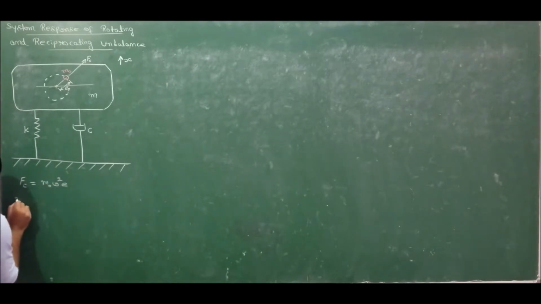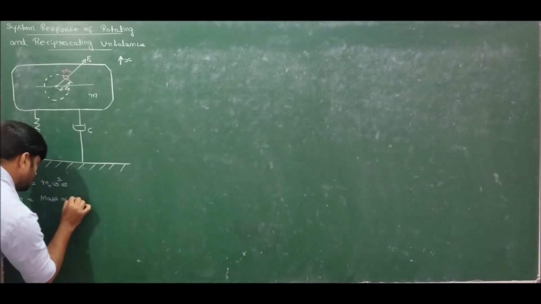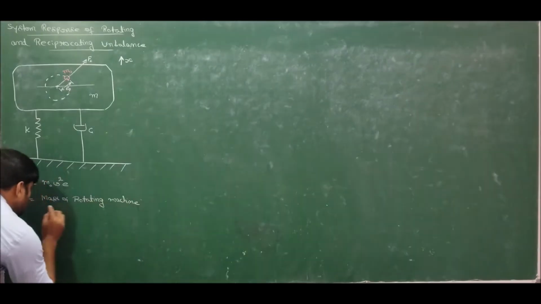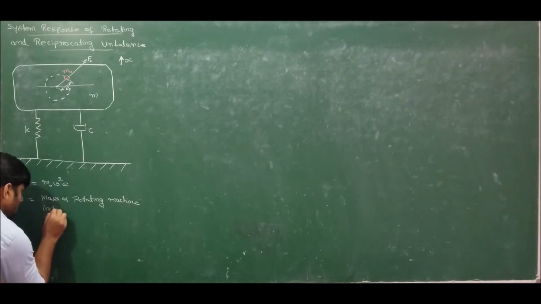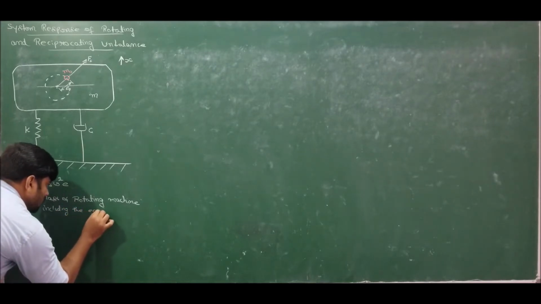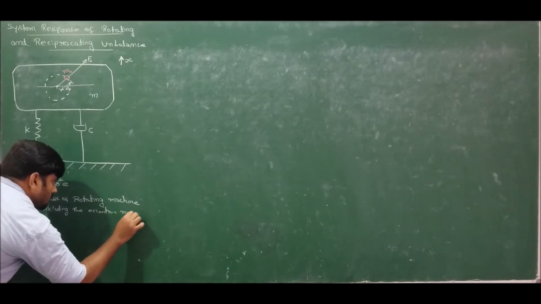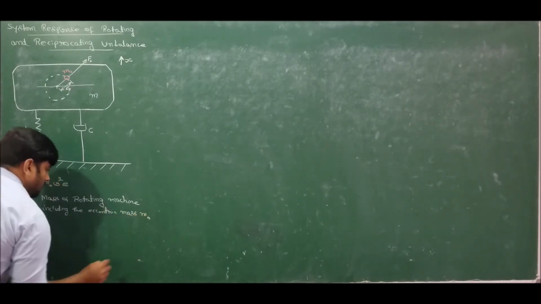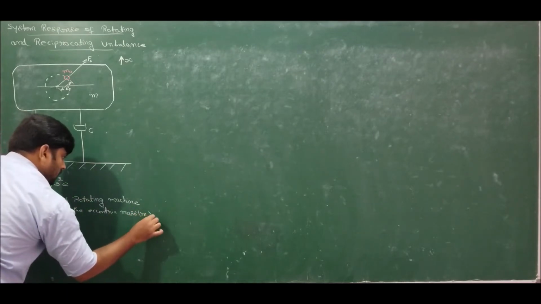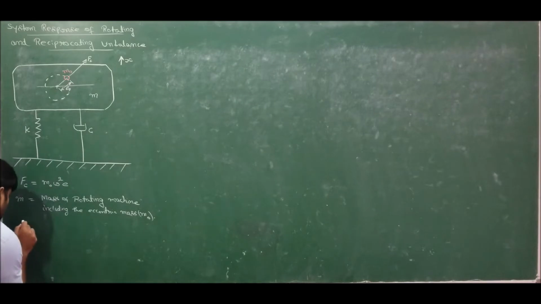I am defining mass m, which is the mass of the rotating machine including the eccentric mass m naught. So what is m naught? The eccentric mass. Here itself I have defined it. Now e is the eccentricity.